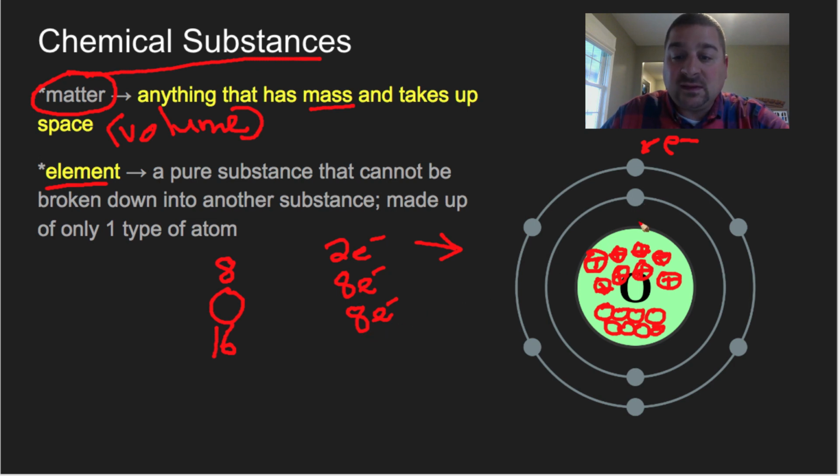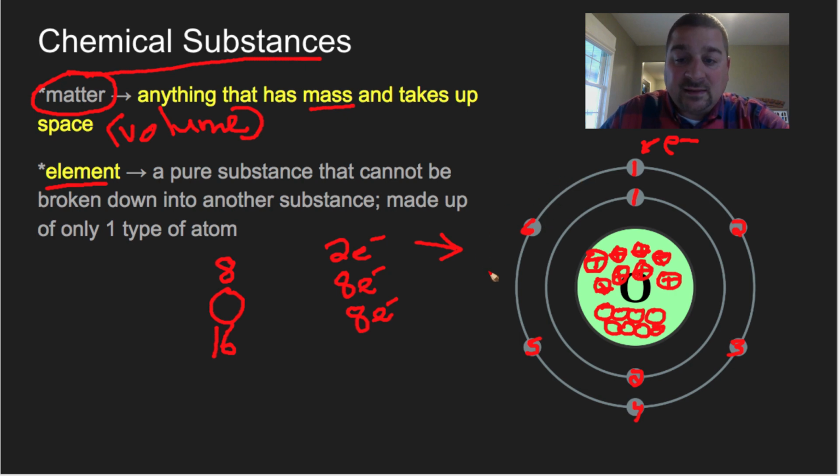So you can see here that the first level is smaller, with 2 electrons in the first level, and it has 8 total electrons, so you need 6 more electrons: 1, 2, 3, 4, 5, 6. So 6 plus 2 gives us our 8 electrons, our 8 negatives, to balance out the 8 positives.